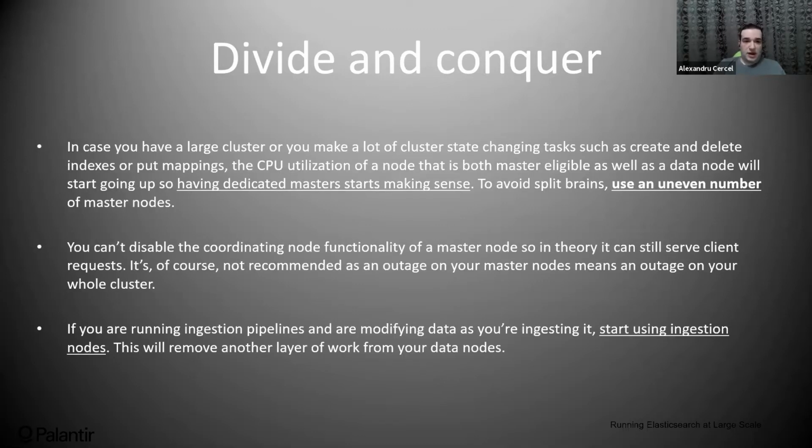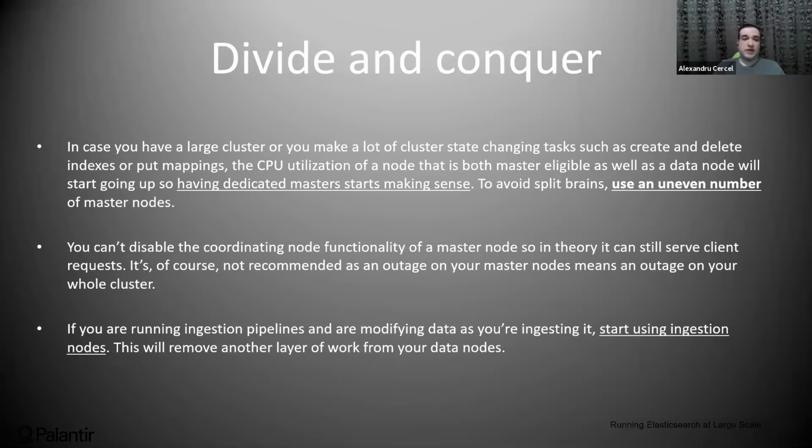In case you have a large cluster or you make a lot of cluster state changes, you might end up with CPU utilization going up, and it starts making sense to have dedicated masters. And if you do end up with dedicated masters, just make sure you get an uneven number to not end up with split brains.